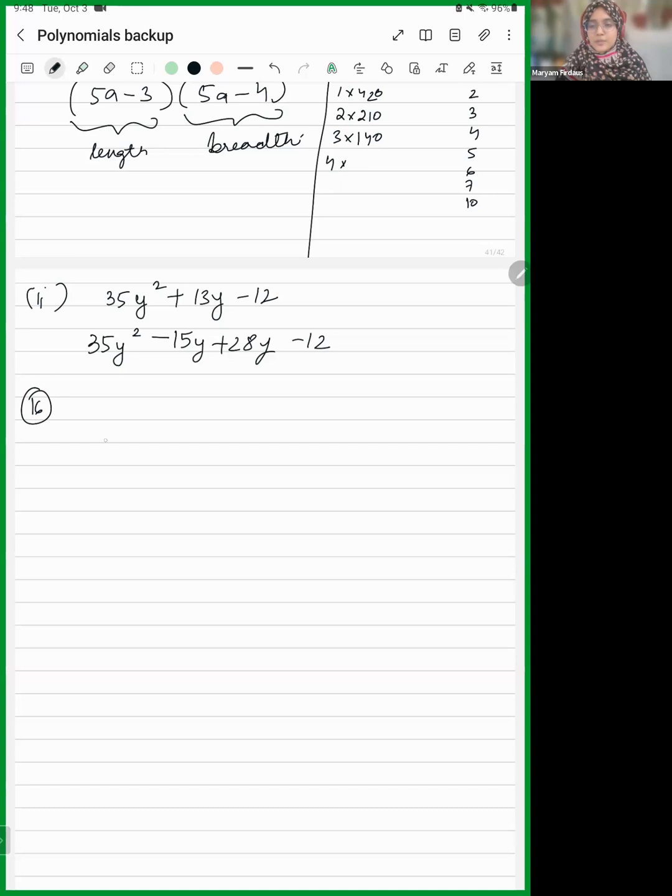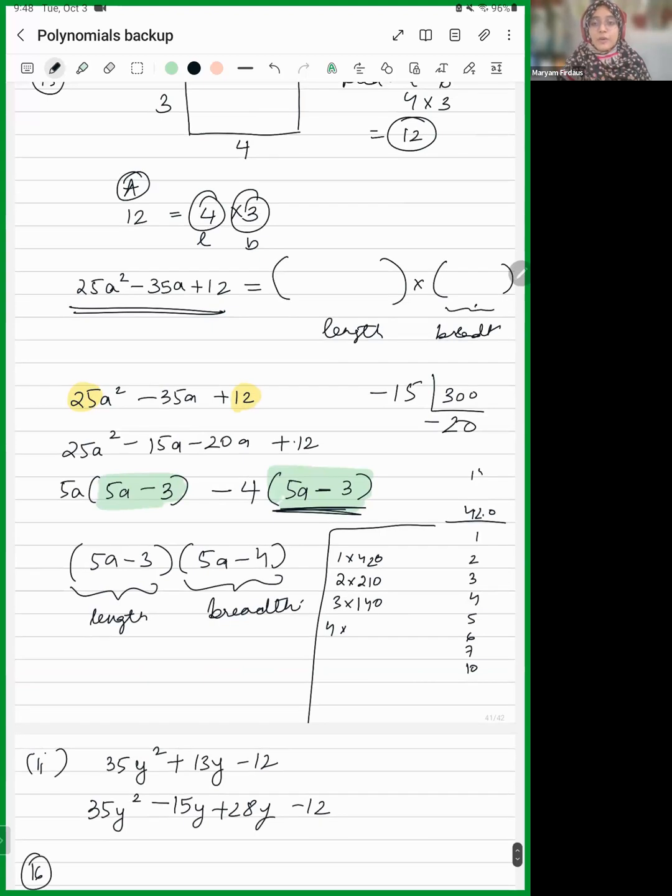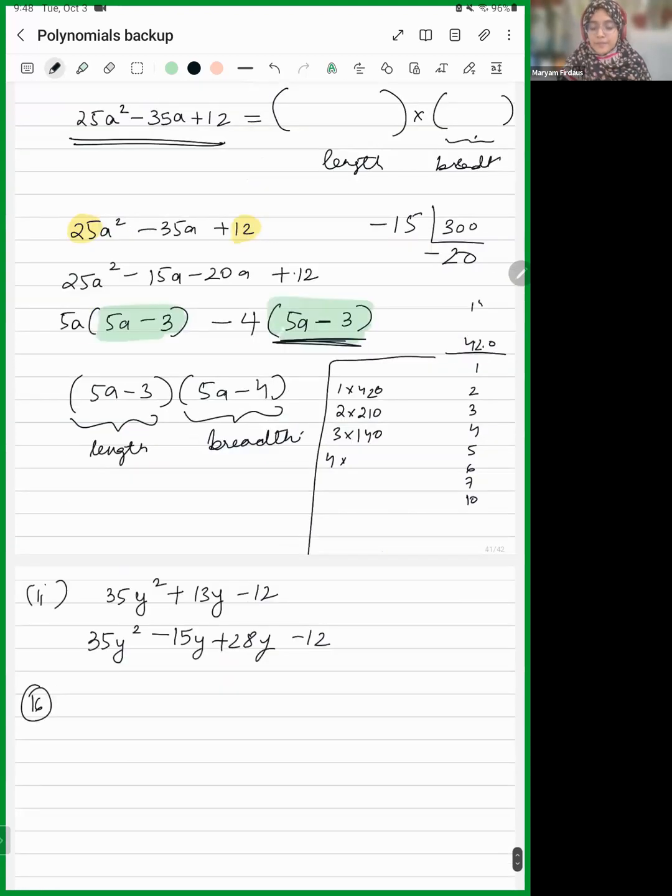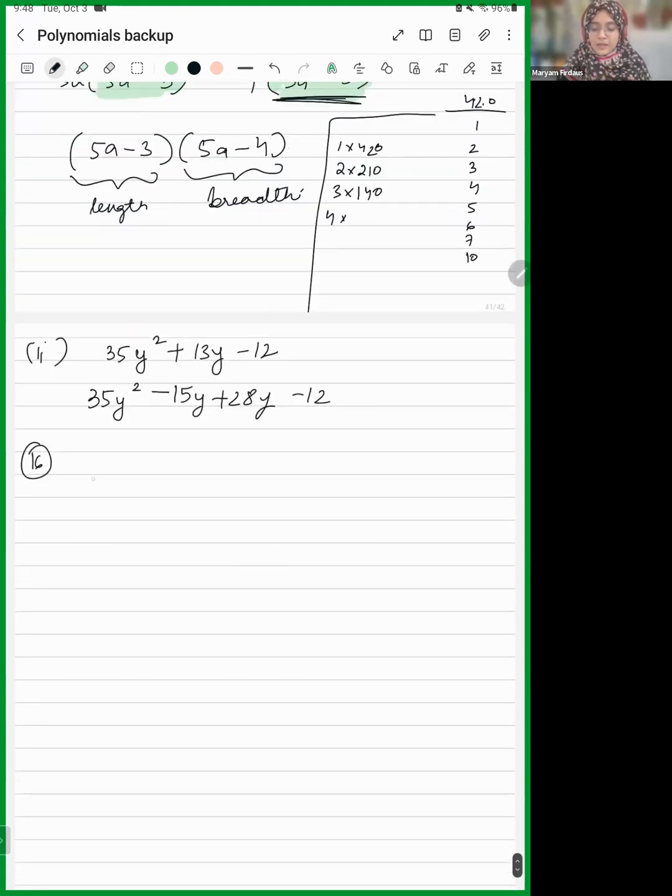What are the possible expressions for dimensions of the cuboids whose volumes are given below? So just now we had rectangles and we were looking for their areas. Now, if you have, let's say, a cuboid, whose volume is, what is the volume of a cuboid?